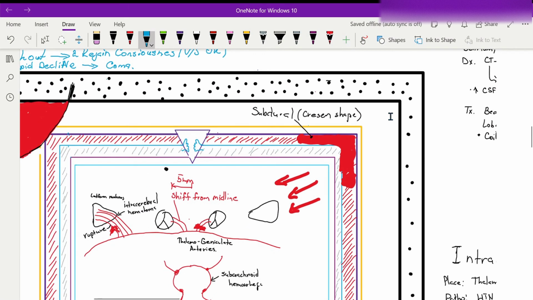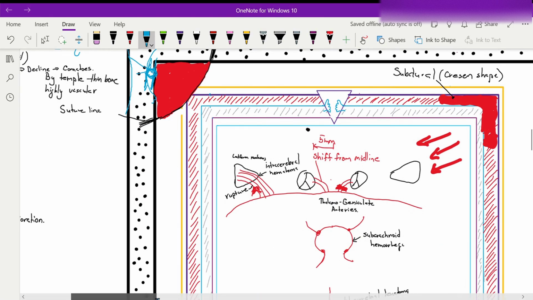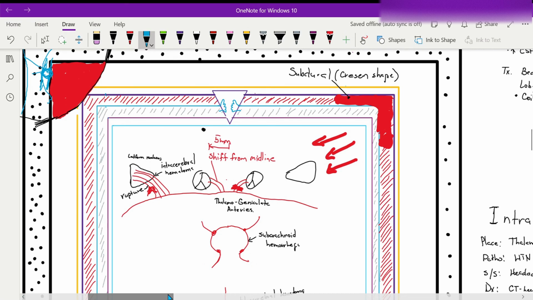When they age, their brain shrinks, because this area shrinks, this area still has more open space here, especially here, between the dura mater and the brain.